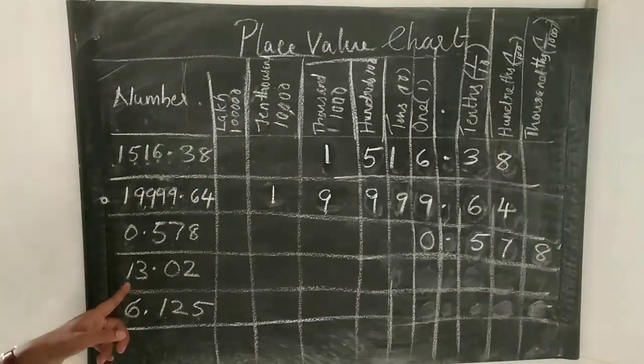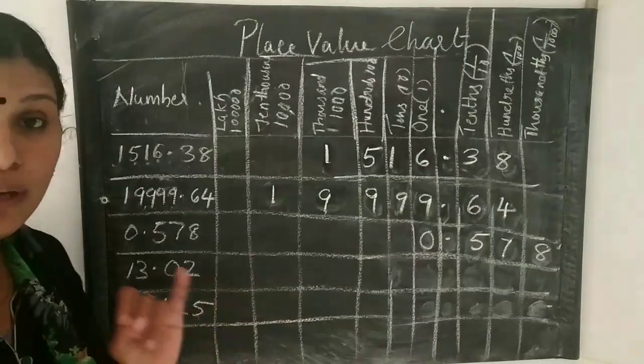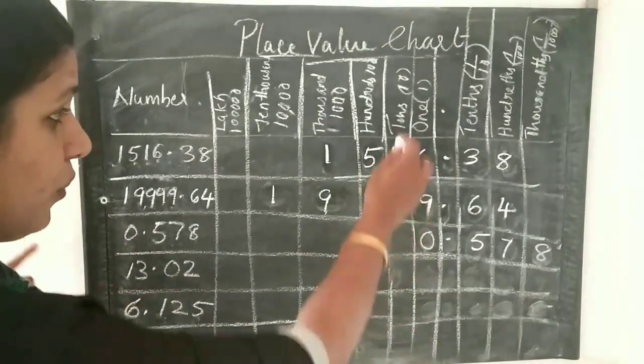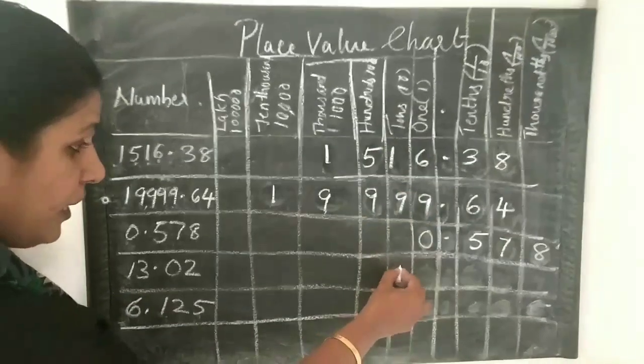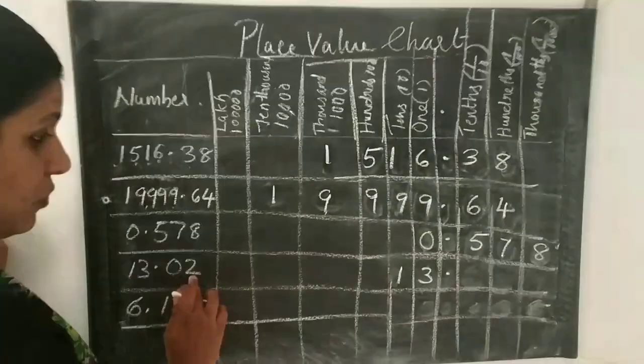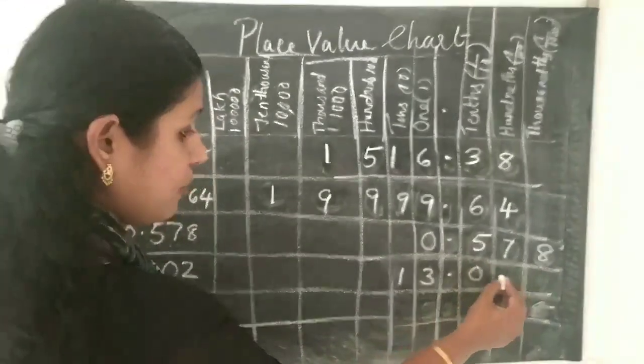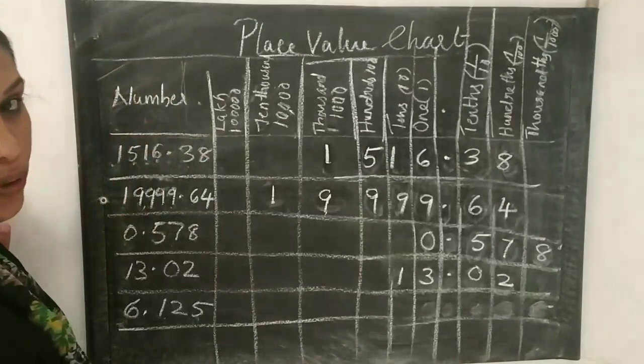Now our 13.02. Only ones and tens are here, so we write 1 and 3. Put a point here and then 0, 2. In the tenths place put a 0, and in the hundredths place we write 2.